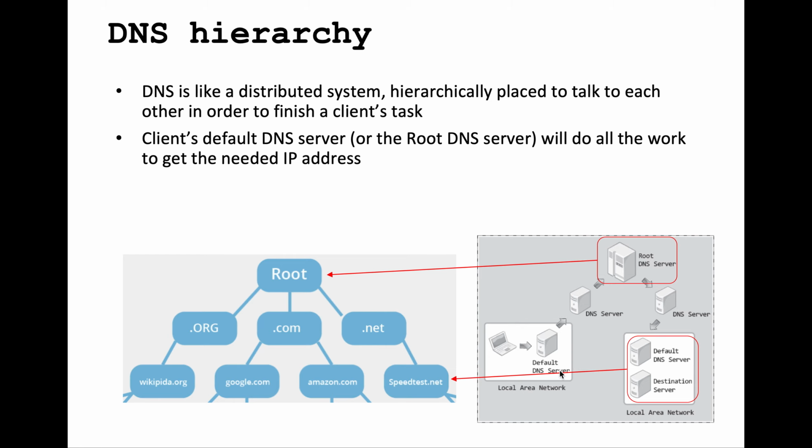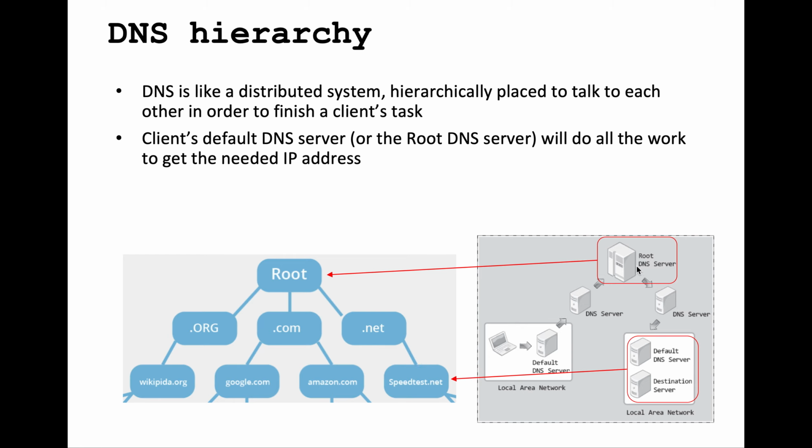And if that local network doesn't know the IP address of that domain name that you have provided, it will transfer the request to the domain name server that it's connected to. It can be the third layer or fourth layer DNS server, it can be the second one or whatever. It will transfer it, and that DNS server will also transfer it to the root DNS server. So that's how your request reaches the root.